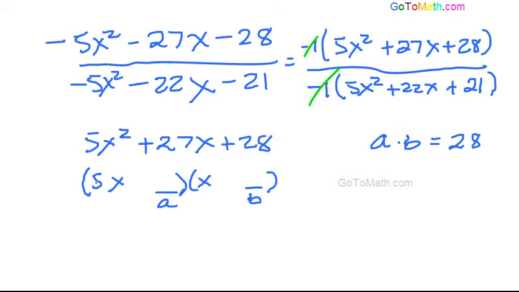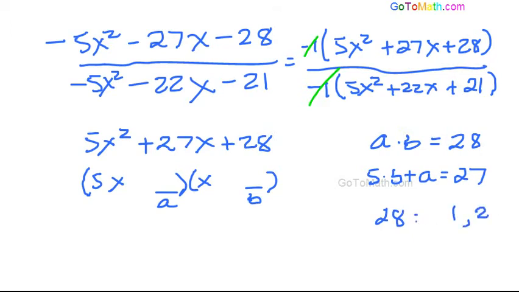But now we got 5x times B and then plus A times X. So 5 times B plus A is going to be equal to, we better be looking at this one here, huh? Or this one, I mean, is equal to 27. Now let's take a look at 28.